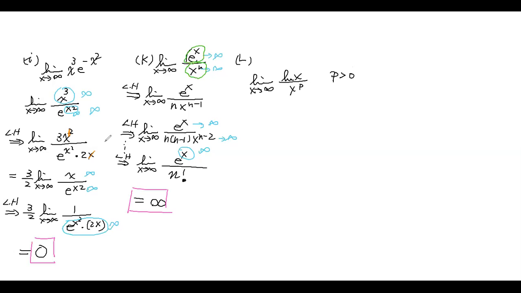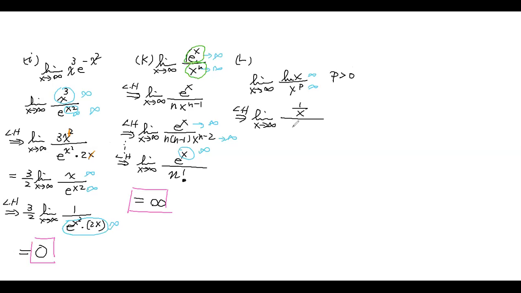Now we see that when x goes to infinity, this is infinity over infinity. So now let's try L'Hopital's rule. If you do L'Hopital's rule, the natural log will give you 1 over x.